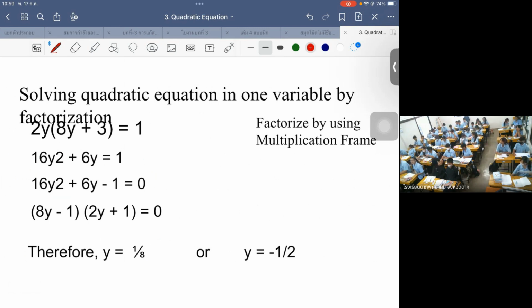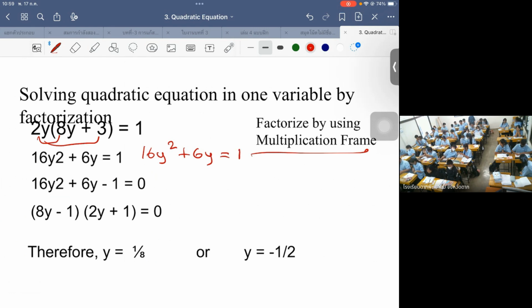So, we have 2y times 8y plus 3 is equal to 1. So again, multiply each first to the equation and do again the multiplication frame. So, by the process, we have 16y squared plus 6y is equal to 1.